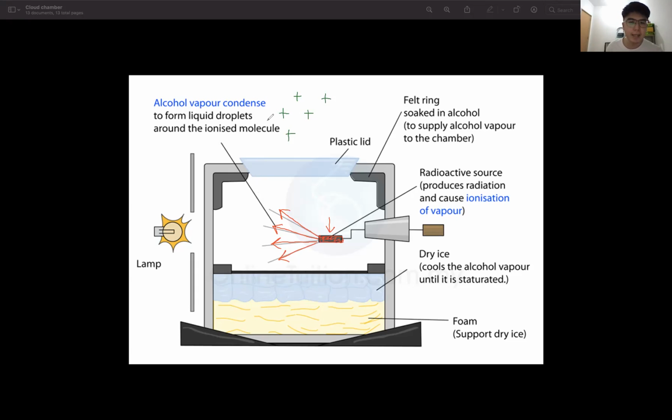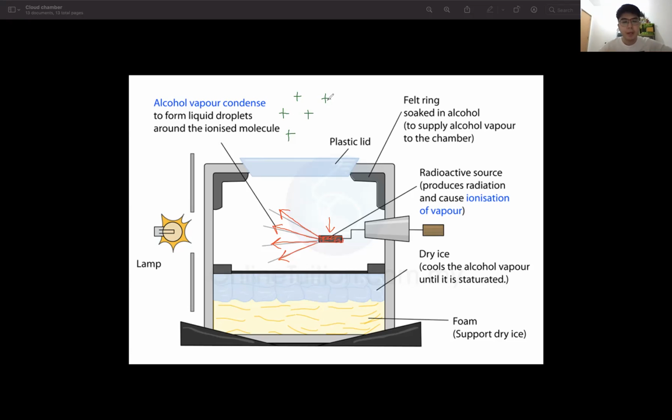What happened is that this action creates something like a disturbance to the air. Okay, because the air is so saturated that a little bit of disturbance can cause it to condense.